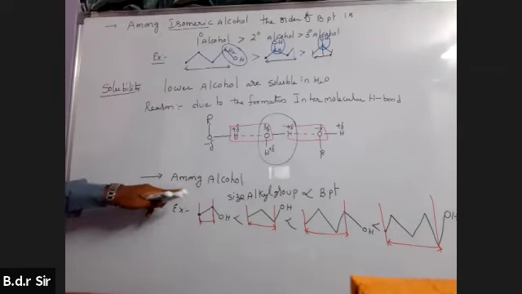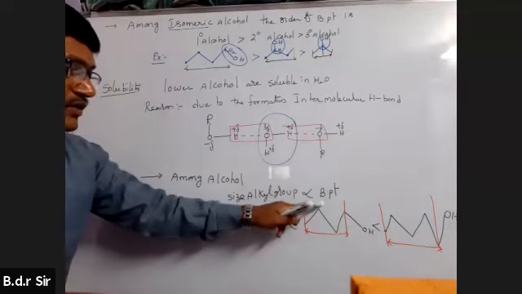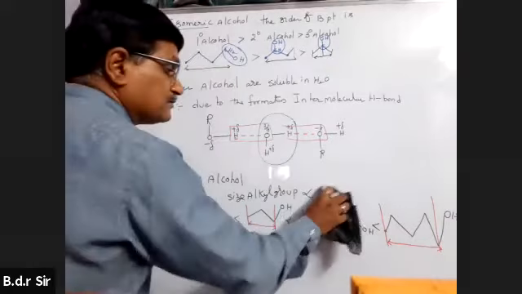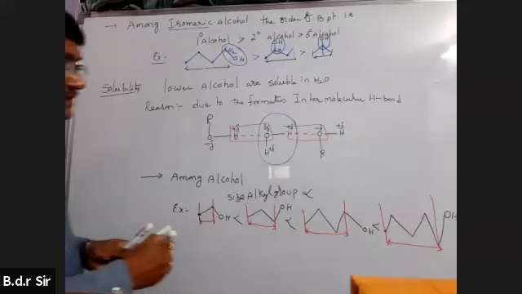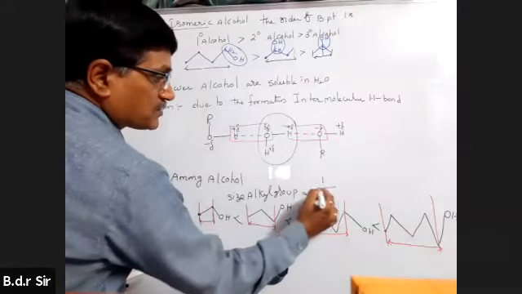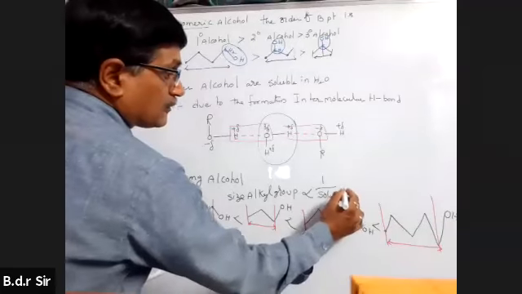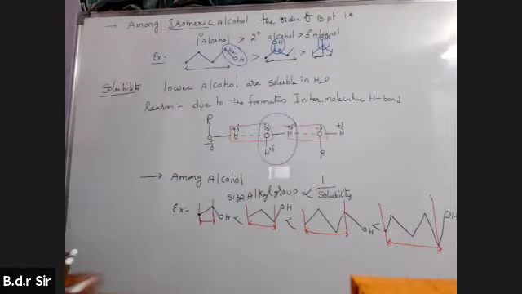Second one, among the alcohols, the size of the alkyl group is inversely proportional to solubility. Inversely proportional to solubility. Why, sir?